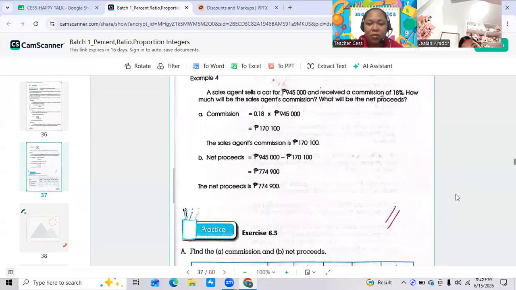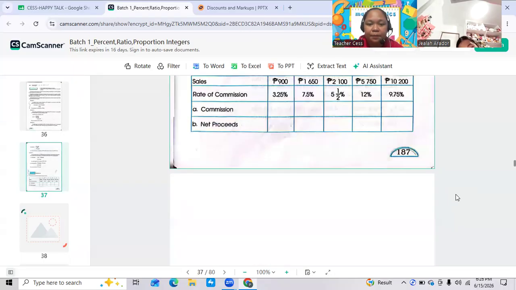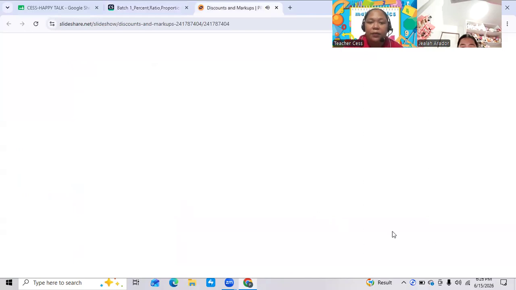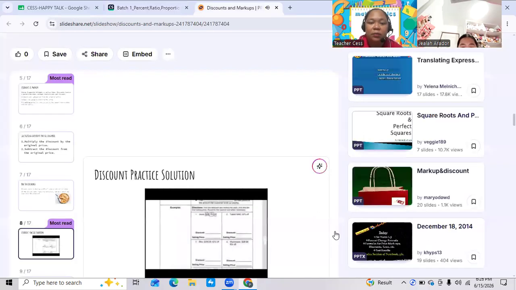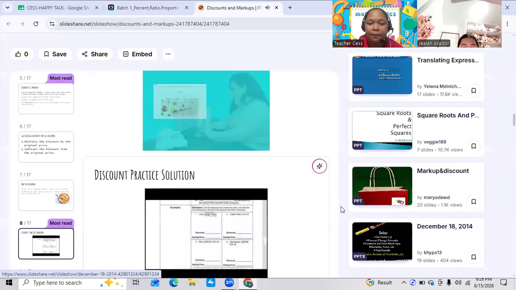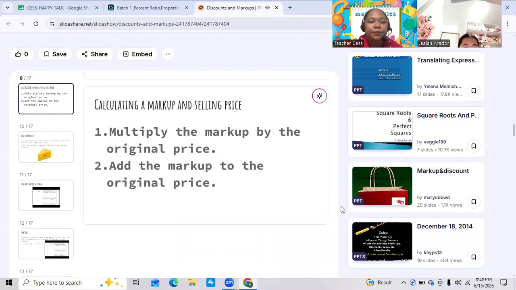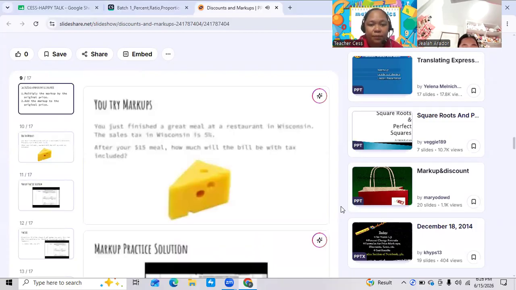Okay, so for example, let's have the markups. Ay, wait, commission. This is commission pala. Ayan, markup. For example, this one. You just finished a great meal at the restaurant in Wisconsin.